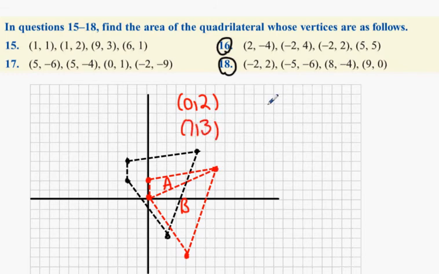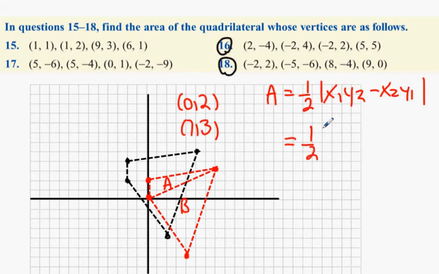Okay, so triangle A equals a half, the formula x1, y2 minus x2, y1. I'm going to use a half, bracket, bracket, minus, bracket, bracket. It's going to be a half times, now what goes in here, do you think, guys?